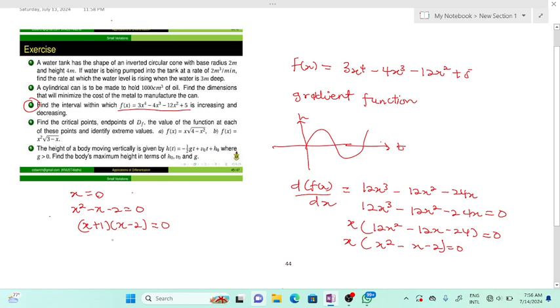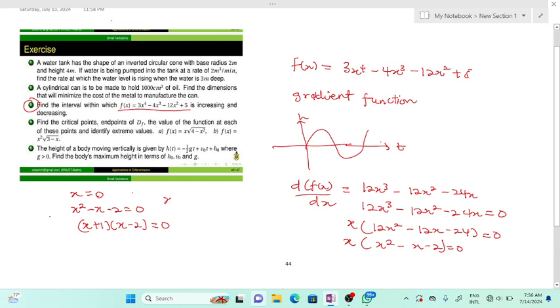So our roots: x is equal to 0, here will give me x is equal to negative 1, then finally x is equal to 2. So these are the three critical points of our function. And as I told you, our function kept increasing until it reached this level. That was a critical point.